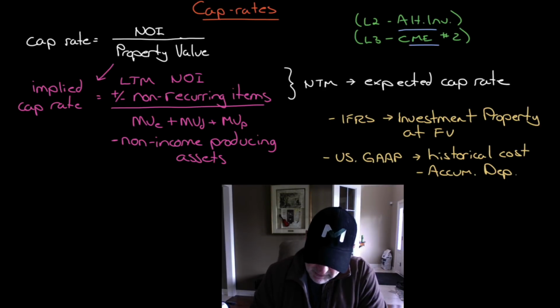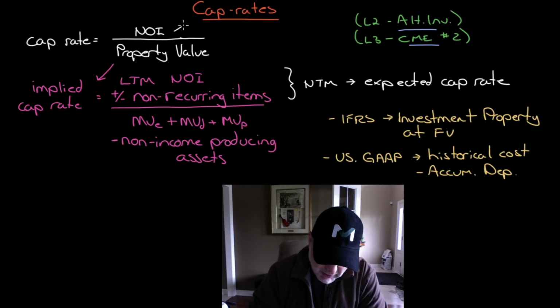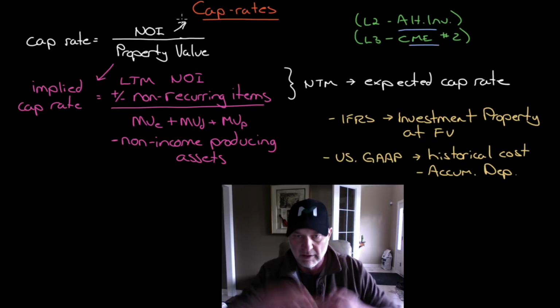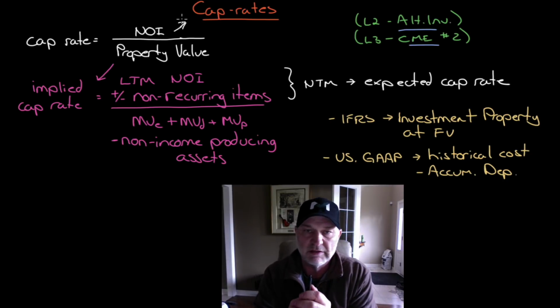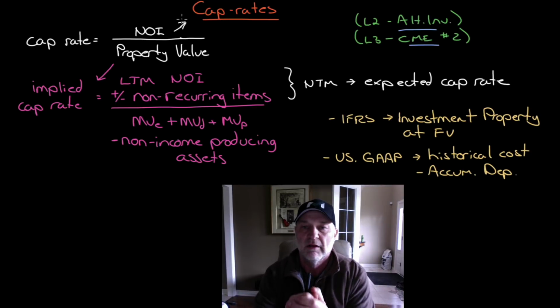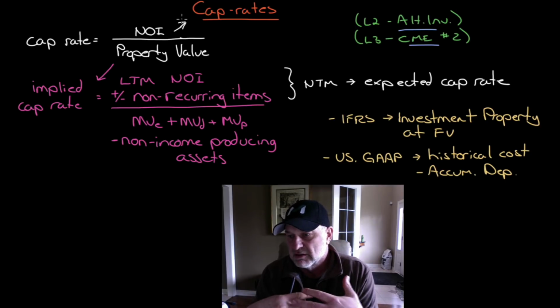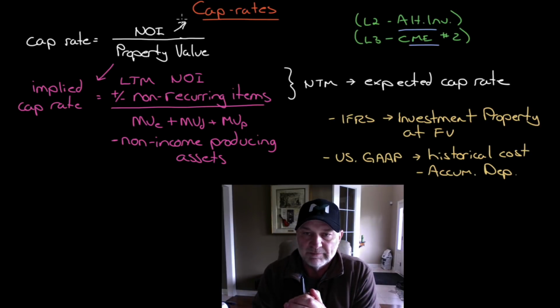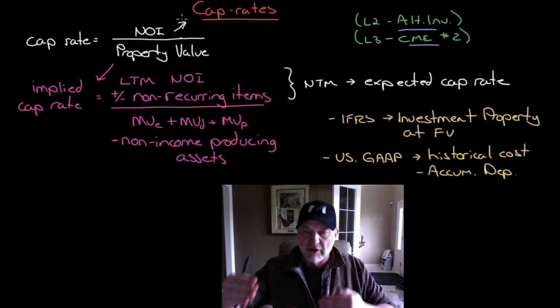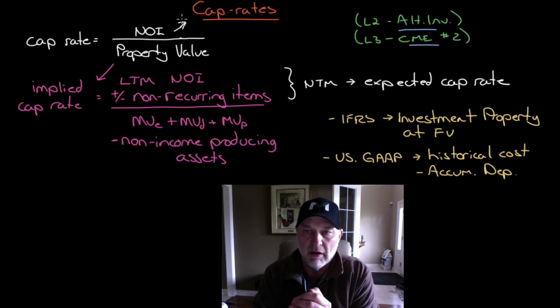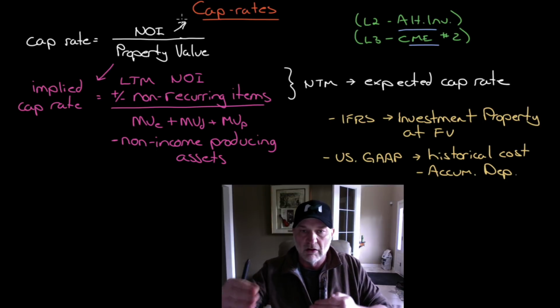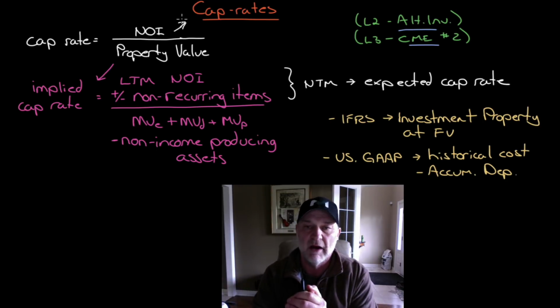Our cap rate is calculated as the net operating income of the property, the expected next 12 months net operating income, divided by whatever we pay for the property. So if a building is, let's say, $1 million, and we expect that we can generate net operating income on that building of $50,000 over the next year, we're basically buying that building at a cap rate of 5%.